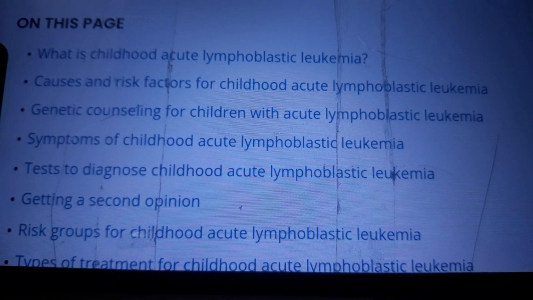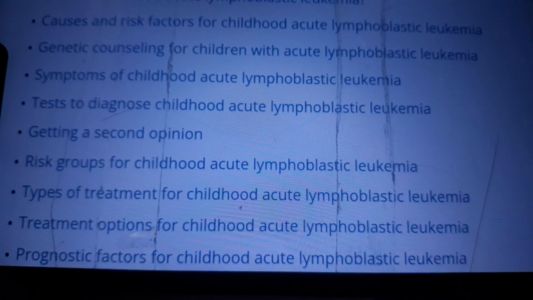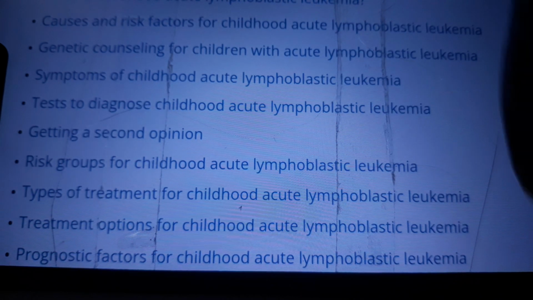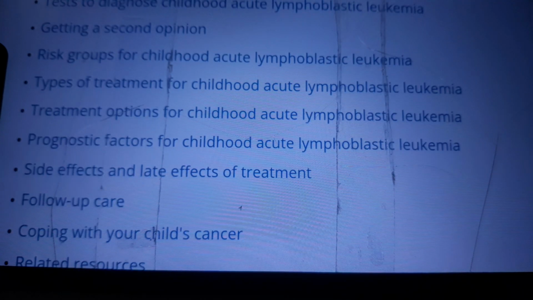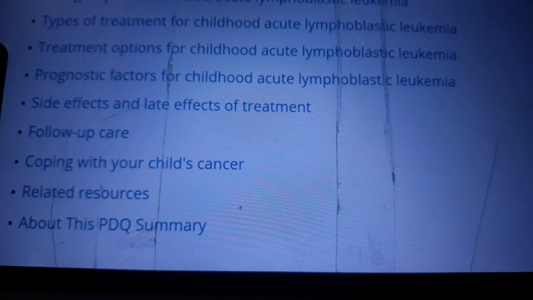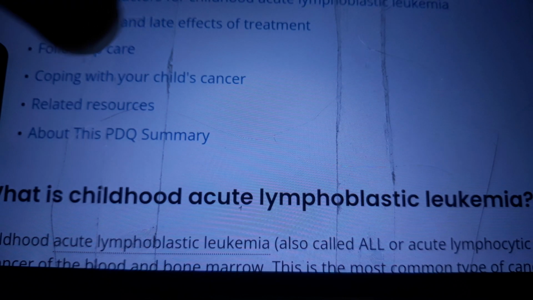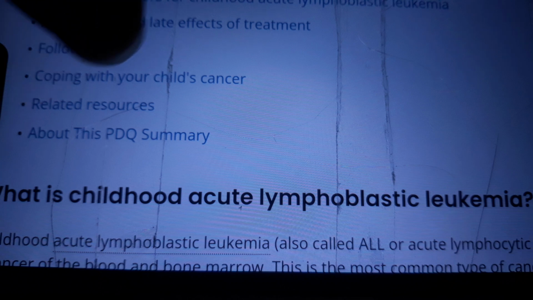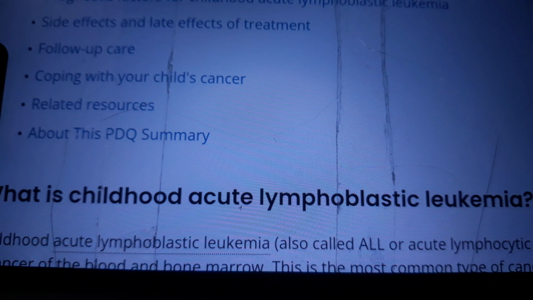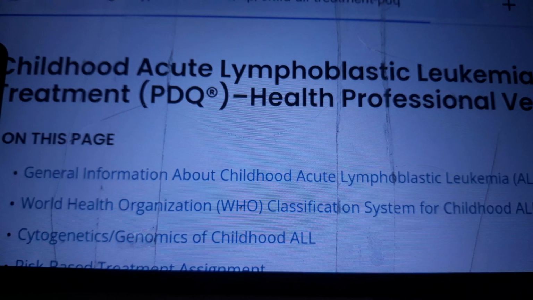It's from the patient's perspective, trying to understand what it is about: causes and risk factors for childhood acute lymphoblastic leukemia, genetic counseling, symptoms of childhood ALL, tests to diagnose ALL, getting a second opinion, risk groups of childhood ALL, the types of treatment options, prognostic factors, side effects and late effects, follow-up care, coping with your child's cancer, related resources, and about this PDQ summary, right? So that's it about the versions.